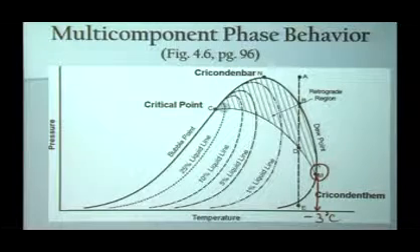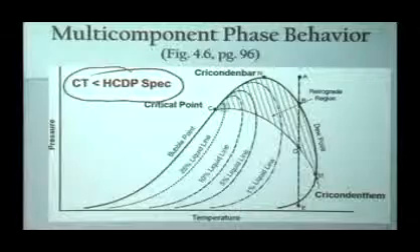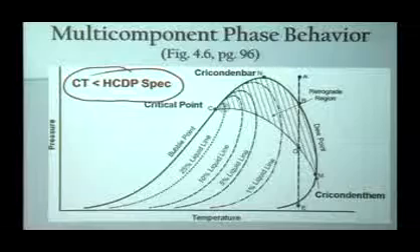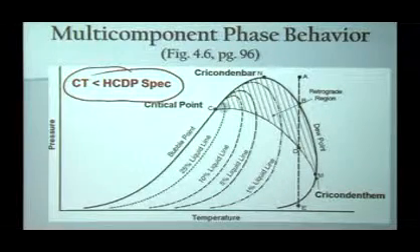So if my cricondentherm hydrocarbon dew point spec was -3 degrees, that's the point where the vertical tangent hits the temperature line. That's one common method of specifying the dew point requirement of a gas. So the cricondentherm needs to be less than the hydrocarbon dew point specification.